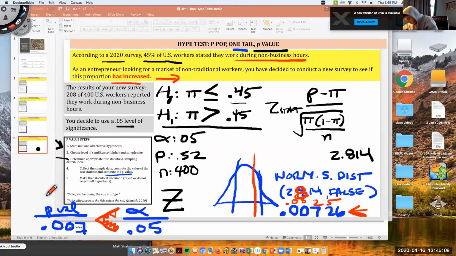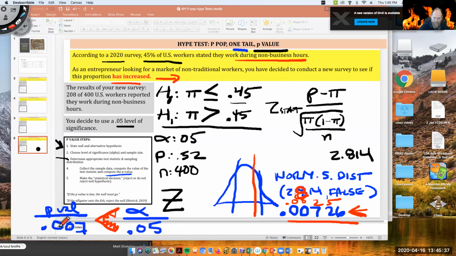Okay. So for a p-value method, if the p-value is less than alpha, then we are going to reject the null. So right here, whichever number it is, 0.0025 or 0.00726, both of those are less than alpha.